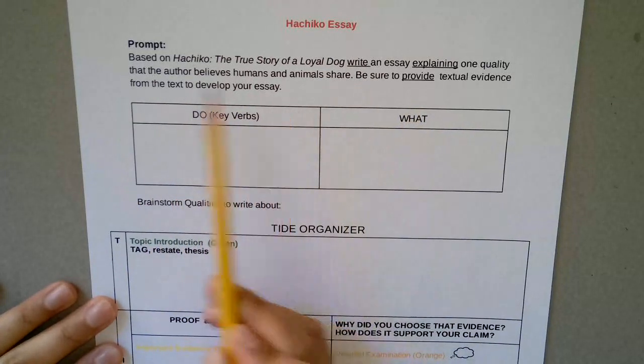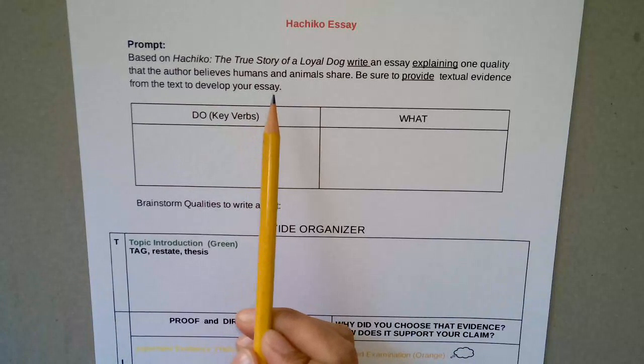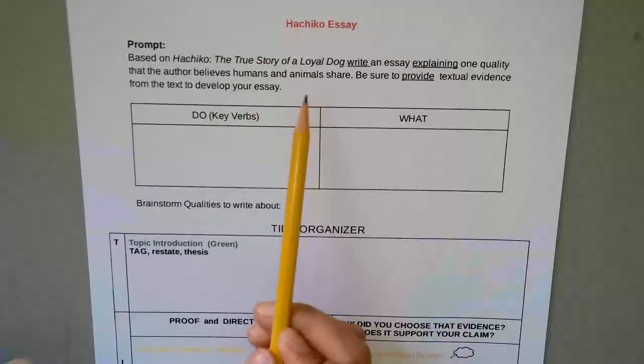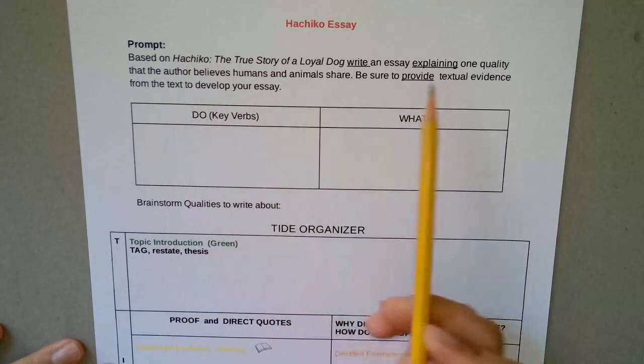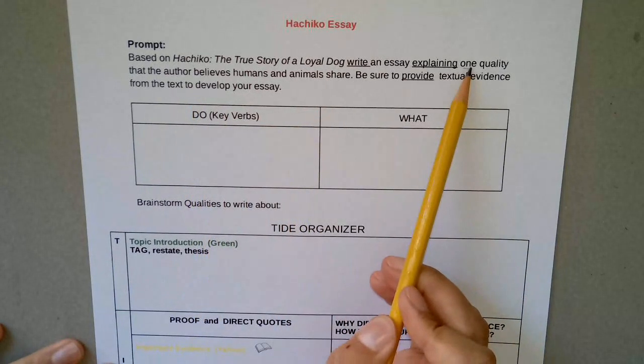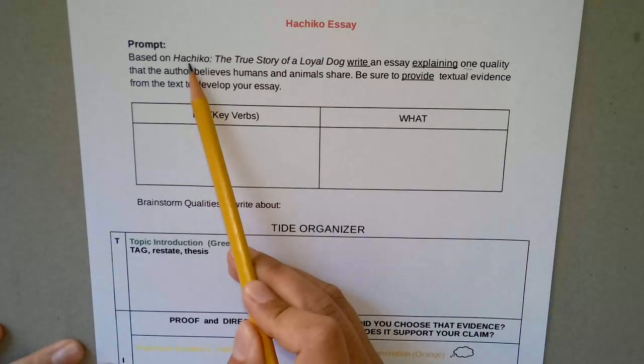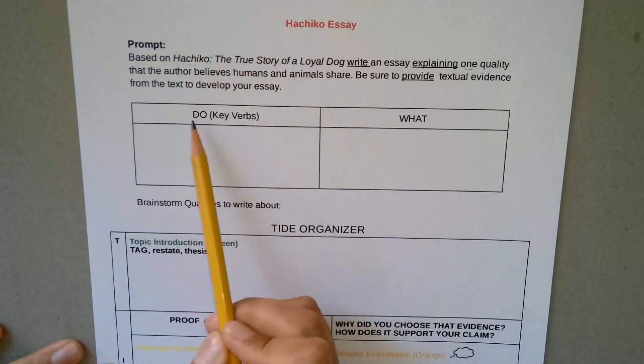Okay, so this prompt sounds very similar to the one that we looked at with the exemplar, right? We are still talking about the qualities that humans and animals share, but in this prompt, we're only talking about one quality, and we're only focused on Hachiko, just one text.